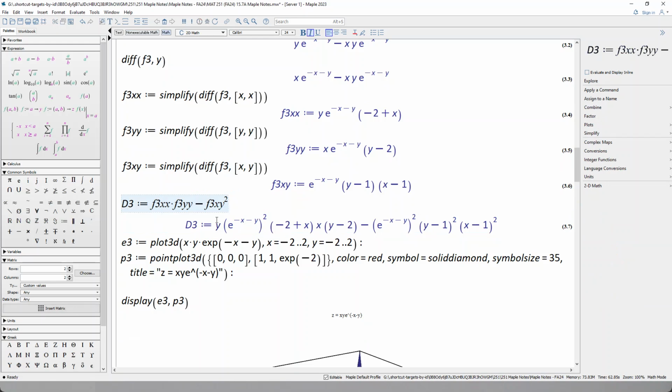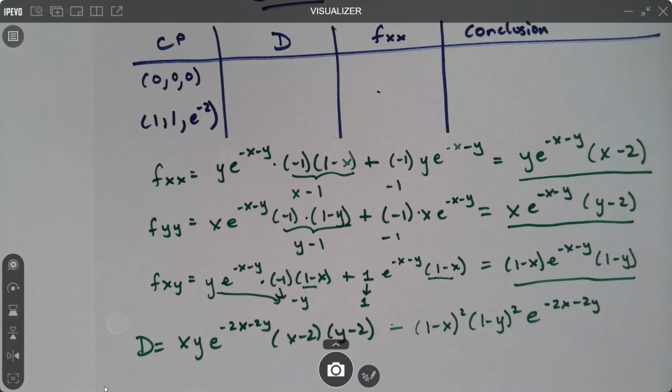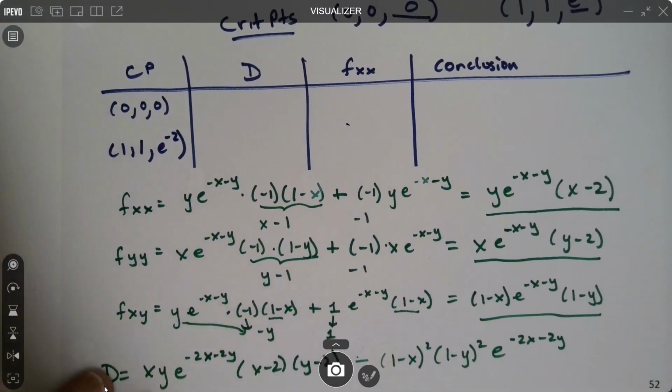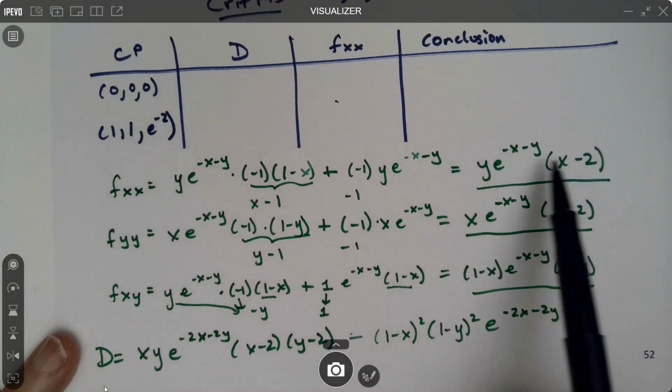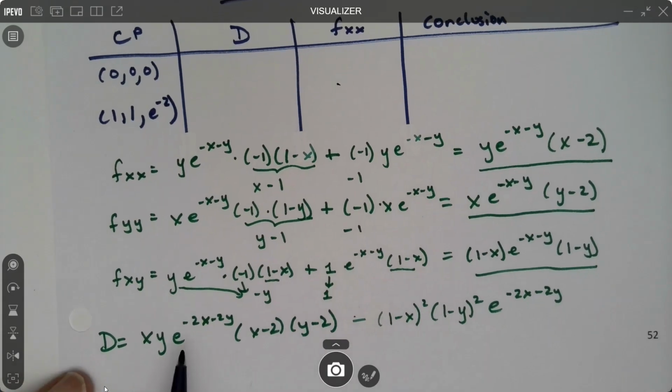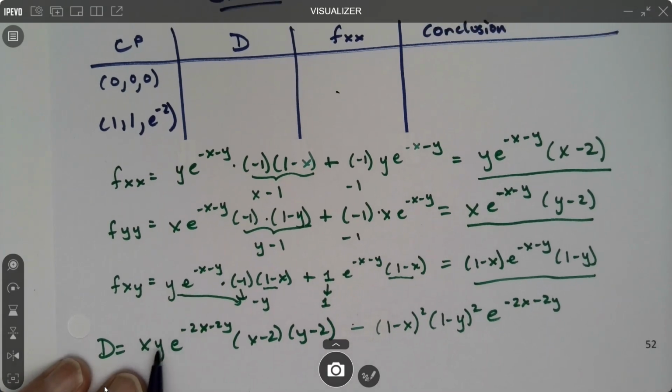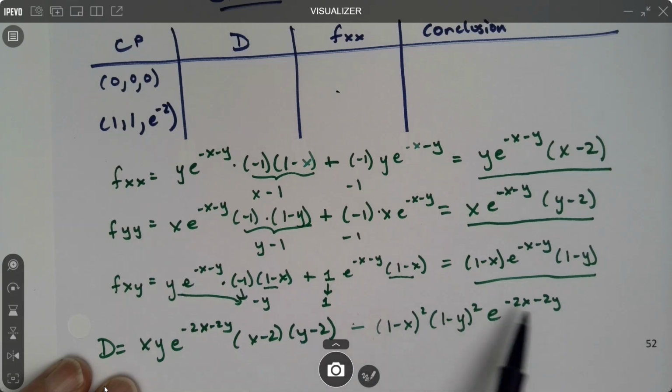Okay, so now we have to look at this and think what would happen if we put in our zeros for x's and y's. So let's look at D. If I put 0 in for x and 0 in for y, this whole thing becomes 0 minus 1 times some positive number, because e to the 0 is 1.